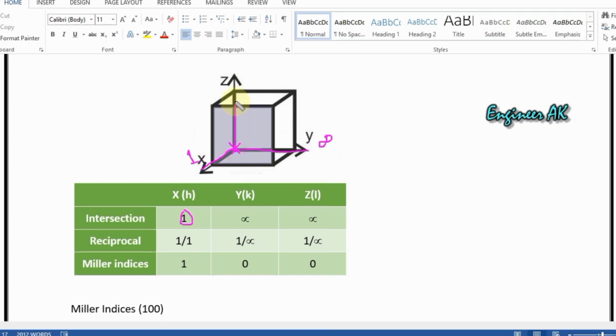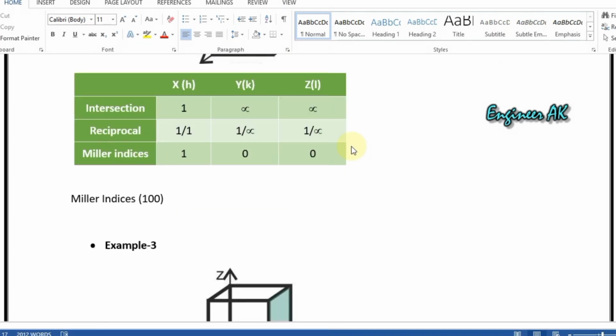And the same is the case here, infinity. So 1 at the x-axis, infinity at the y-axis, infinity at the z-axis. Now taking the reciprocal of it, you will get 1 0 0, and its Miller index is 1 0 0, right? Let's move toward another example.